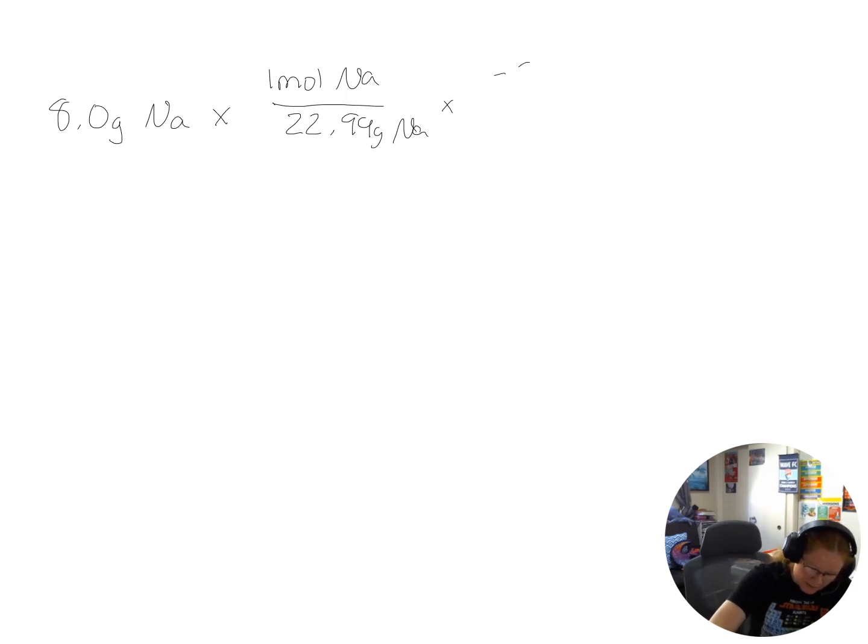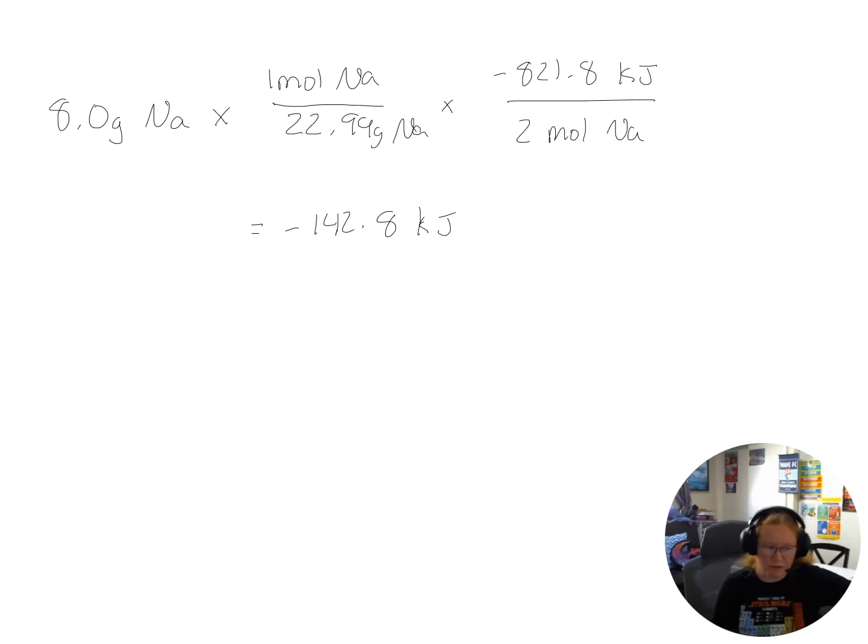And I have negative 821.8 kilojoules. And there was a 2 in front of the sodium, so for every 2 moles of sodium, I get negative 142.8 kilojoules. Super, super, super straightforward. It's just stoichiometry. We just plug that delta H in, and we do it like we would do anything else.